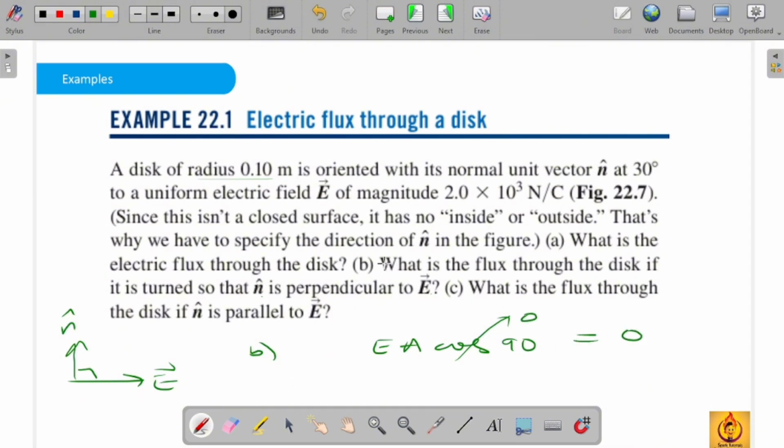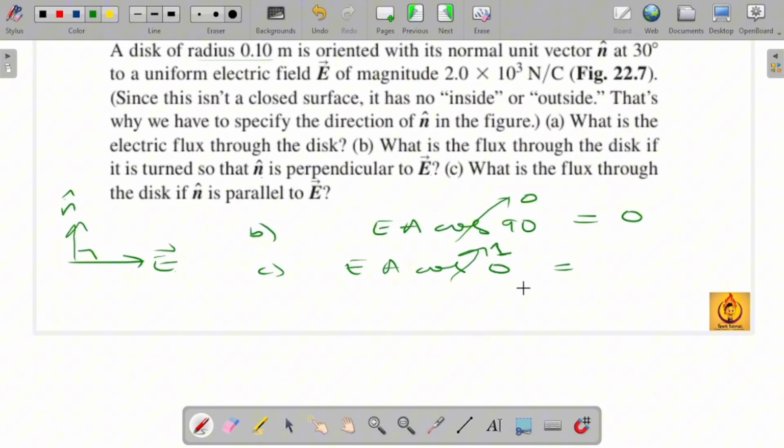Okay, now it's gonna be 0 because the normal and the field, in this case, are 90 degrees apart. Now part C says what is the flux through the disk if the normal is parallel? Now when it's parallel, we have EA cos 0, and we know it's at its maximum, right? It is at its maximum.